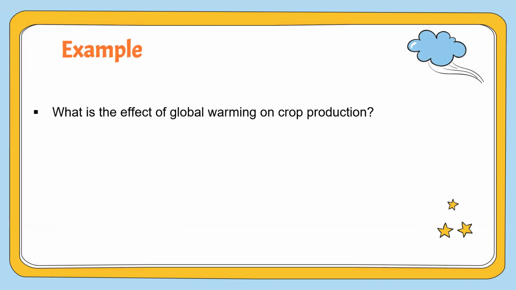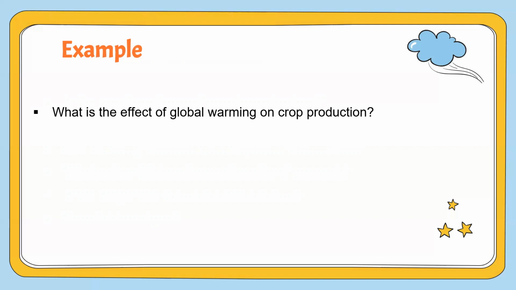I can give you an example of this. First, suppose I have designed a research question like this: what is the effect of global warming on crop production? When I look at it, I can find out that this is not a complete research question, because it does not tell you what aspect of global crop production or which particular type of crop we are looking at.